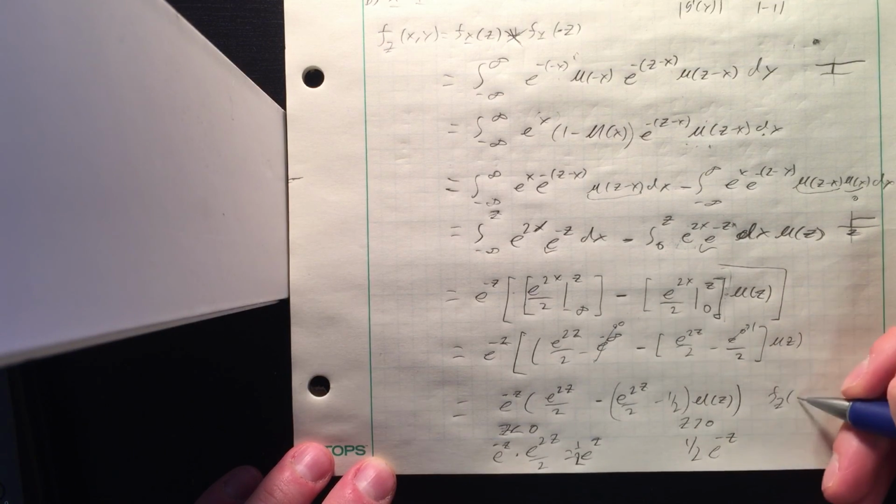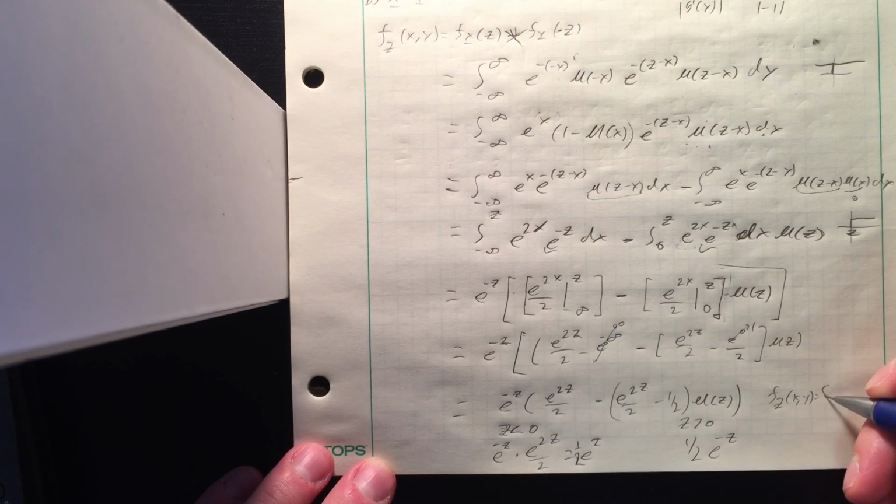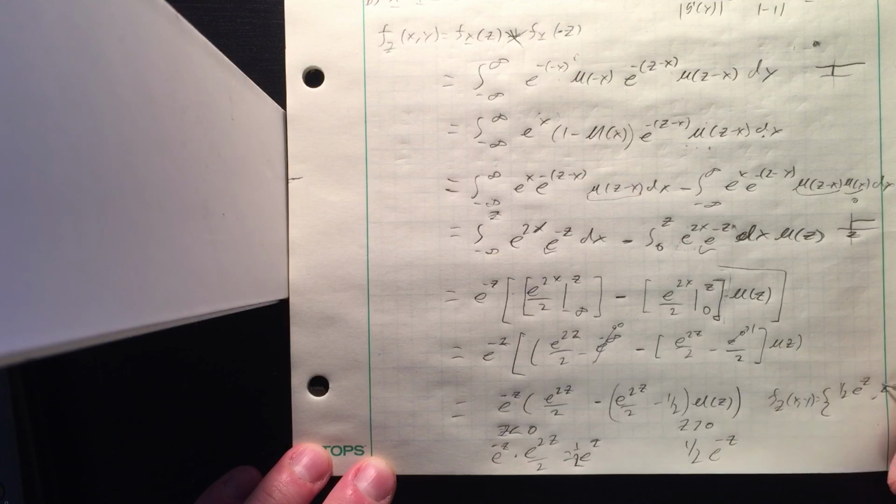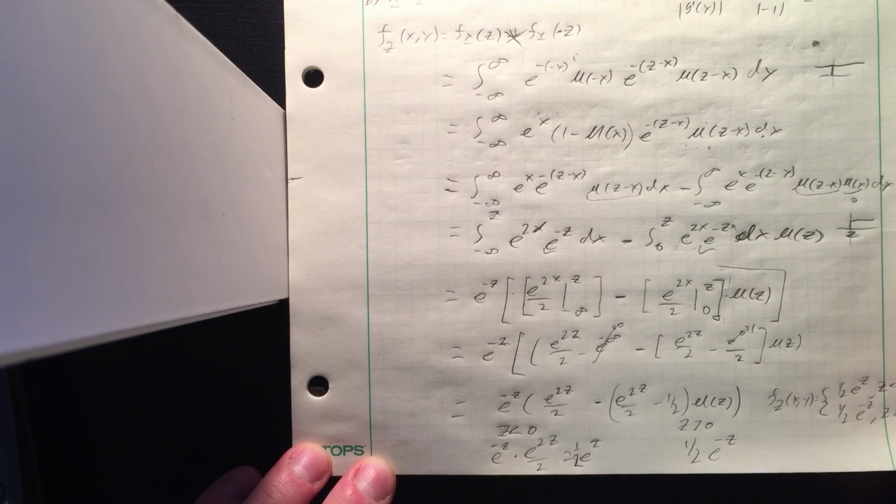So f of z in this case is 1/2 e to the z for z less than 0, and it's 1/2 e to the negative z for z greater than 0.